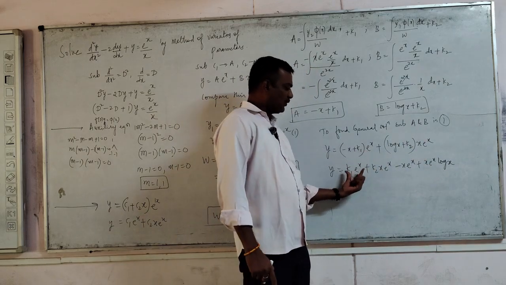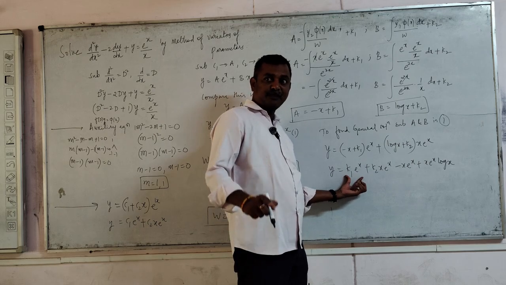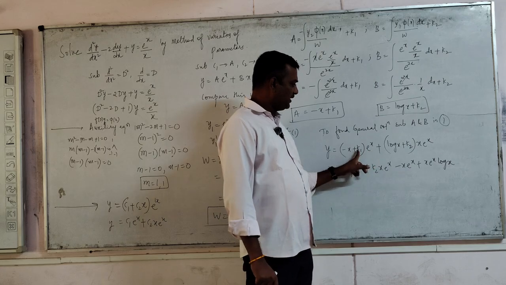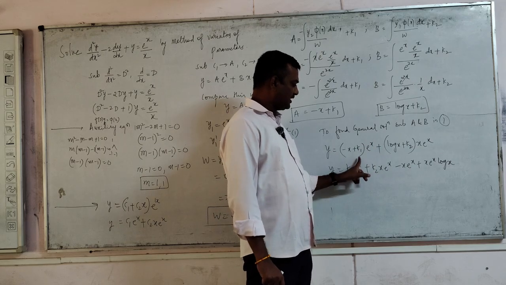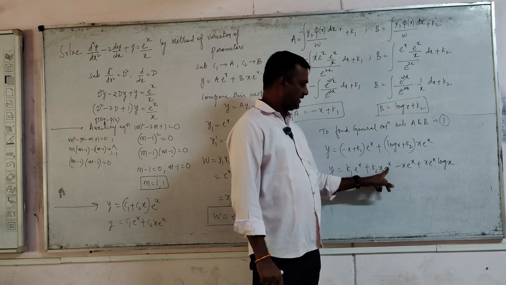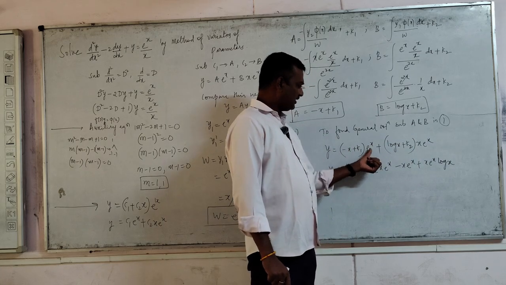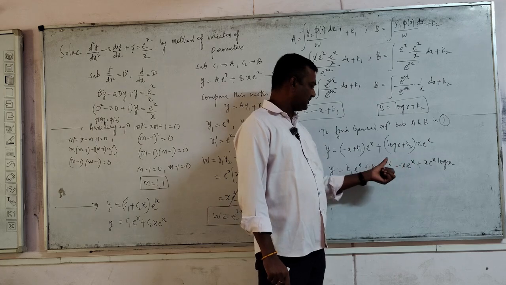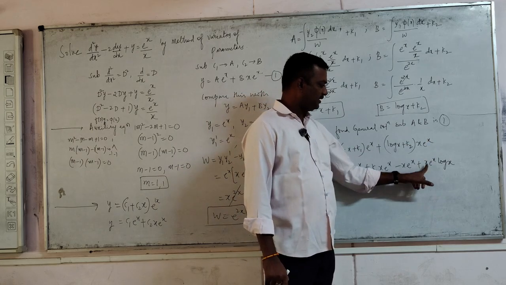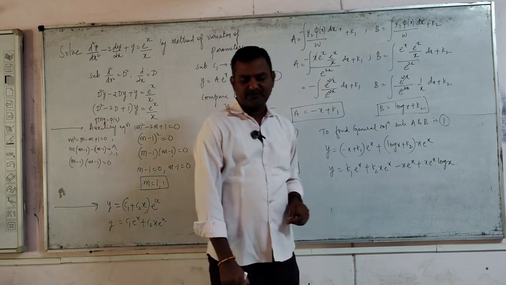So multiply: first you have to have the complementary function. k1 into e raised to x is k1 e raised to x, plus k2 into x e raised to x is k2 x e raised to x. Then minus x into e raised to x is minus x e raised to x. Finally, log x into x e raised to x is x e raised to x into log x.